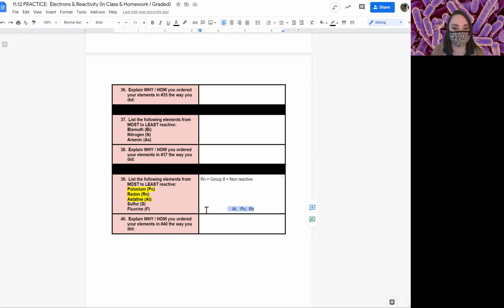Good. Fluorine and sulfur would be more reactive.